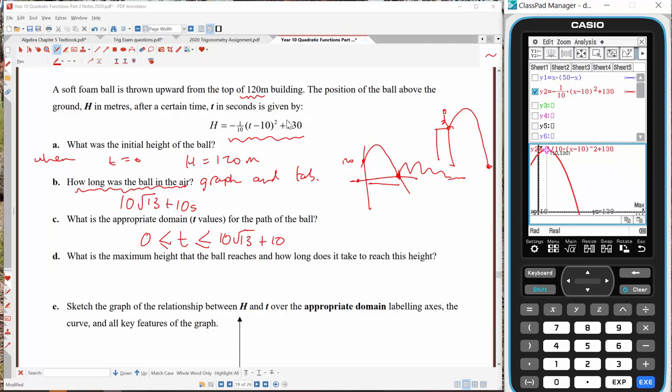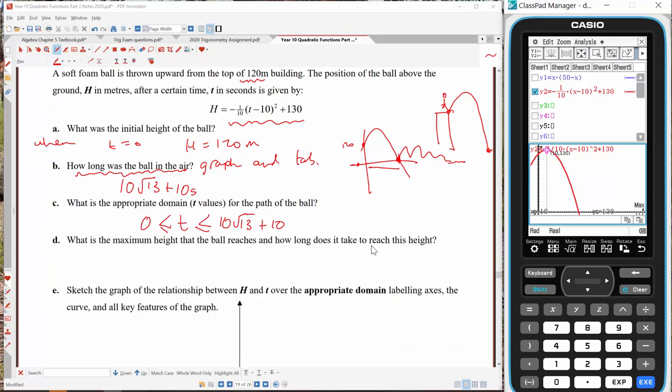I could have found that straight off the function as well, because that's in turning point form already, and it's going to be at 10. A good example of why you should look at the function rather than the graph itself. Anyway, the maximum height is 130 meters, at time t equals 10 seconds.